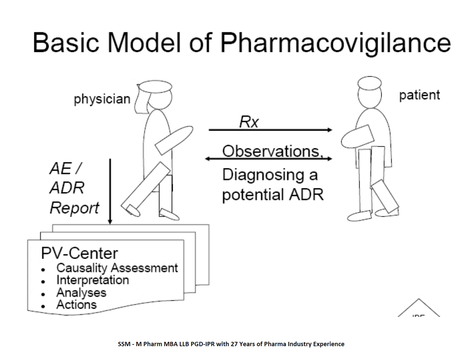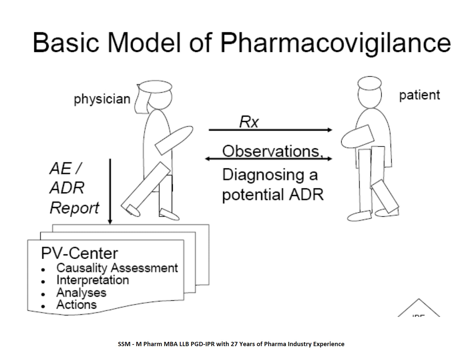The basic model of pharmacovigilance is: the physician prescribes medicine to the patient, the patient takes the medicine, then the physician observes the patient for any adverse event. The physician records all adverse events or adverse drug reactions, makes a report, and sends it to the pharmacovigilance center.